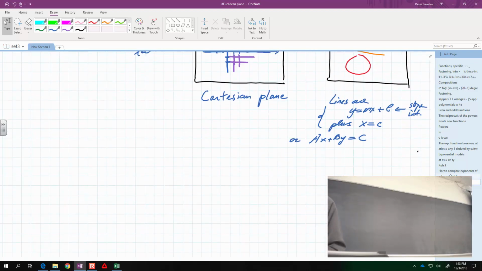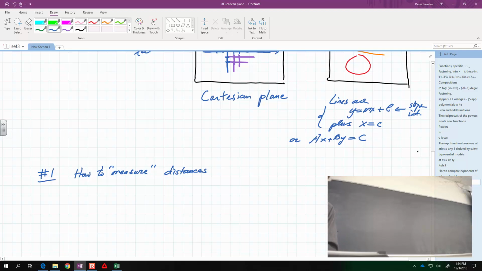Okay, so that's the number one topic that has not been discussed as far as the Cartesian plane is concerned: how to "measure" distances. Because we don't want to measure anymore.